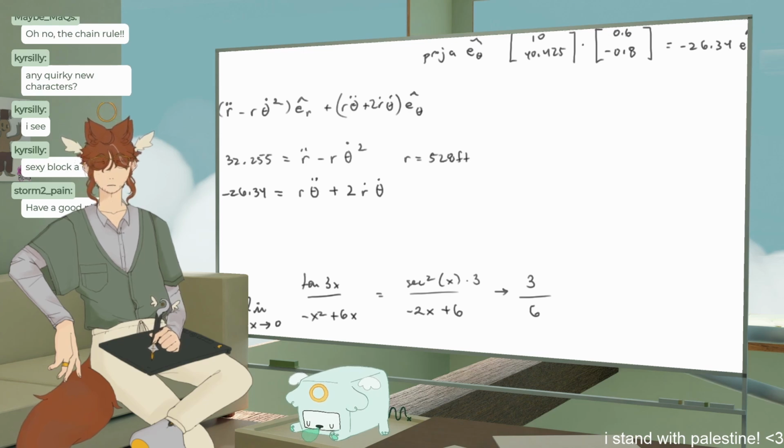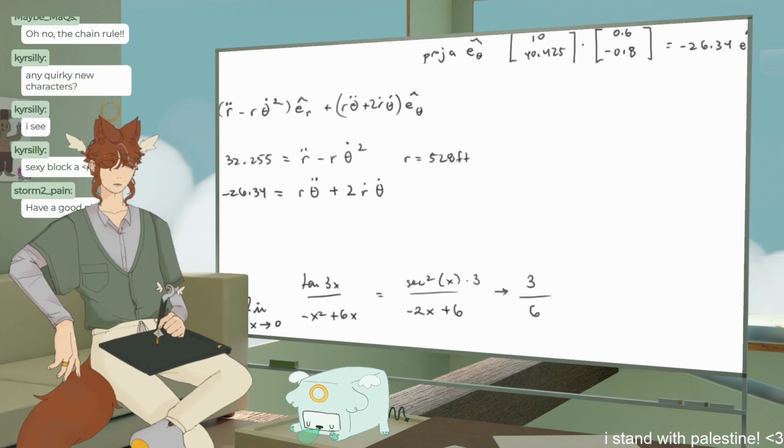Let me graph this on my trusty graphing calculator. X squared plus what do we have? 6x. Nope, that's wrong on my part. Oh wait. Oh, it does look like it goes to 1/2.